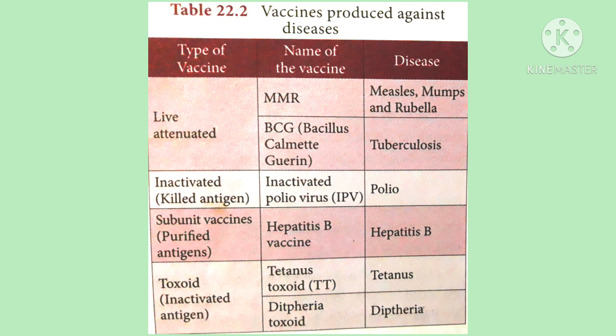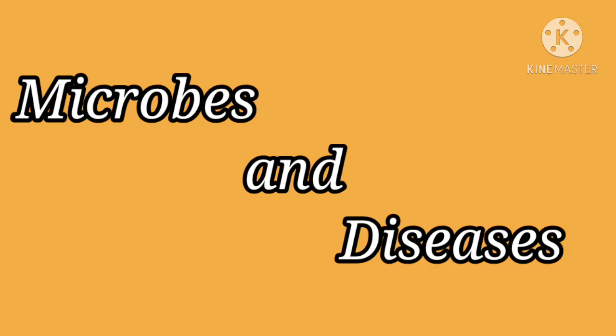Okay. So next one, microbes and diseases. Disease can be defined as impairment or malfunctioning of the normal state of living organisms that disturbs or modifies the performance of vital functions of the body.